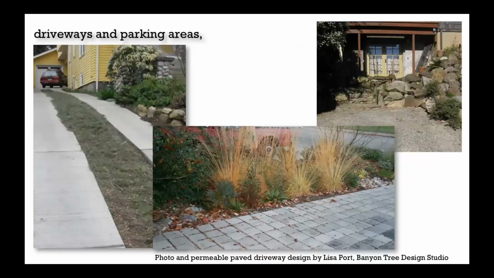And driveways and parking areas can also be made permeable by the way that they're built. So on the left, you see a driveway that has a planting bed right down the middle, and the strips of pavement that go all the way up next to the house are angled towards that center spot so that they are funneling and sheeting their rainfall and runoff into that little planting bed, which is planted with a very, very low ground cover that, if you step on it, doesn't die.